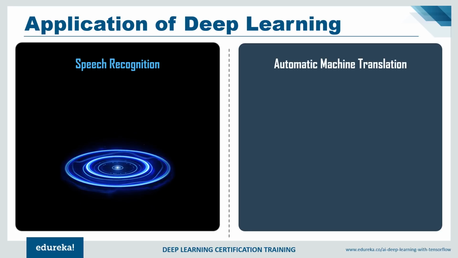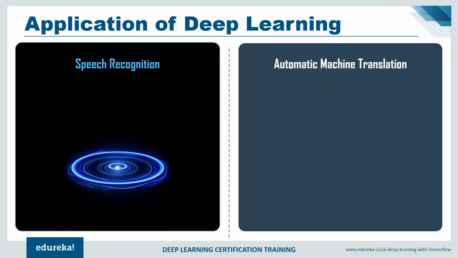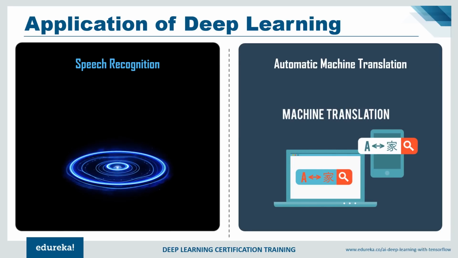Next on our list, we have automatic machine translation. We all know that Google can instantly translate between 100 different human languages, and that too very quickly, as if by magic. The technology behind Google Translate is called machine translation and has been a savior for people who cannot communicate with each other because of a language barrier. Now, you would be thinking that this feature has been there for a long time, so what's new in this? Let me tell you that over the past 2 years, with the help of deep learning, Google has totally removed the old approach to machine translation in Google Translate.